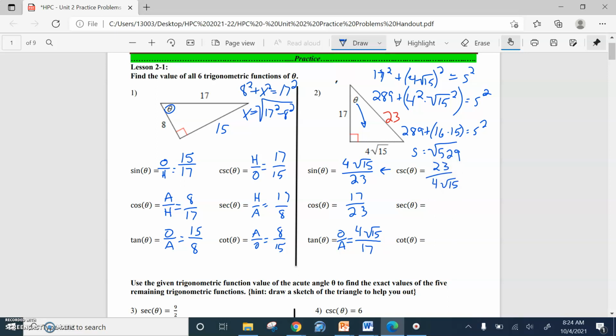But if you look, that looks so much cleaner than having decimals, to leave that square root. So again, my plug to have you doing square root exact values over decimals. And there you have it. We've solved both of these triangles. When it says find all 6 trig functions, that's really as simple as that.